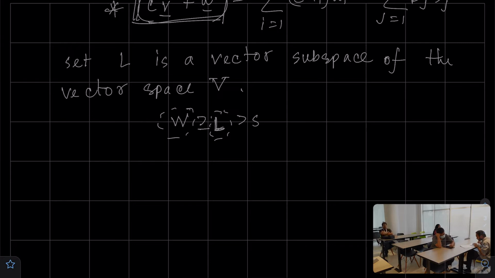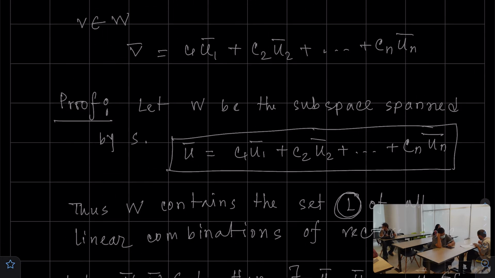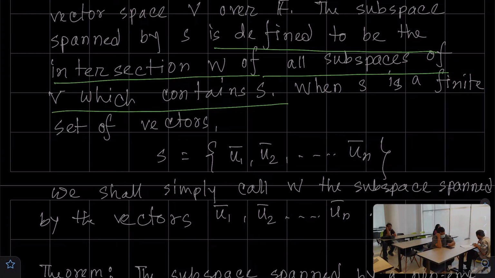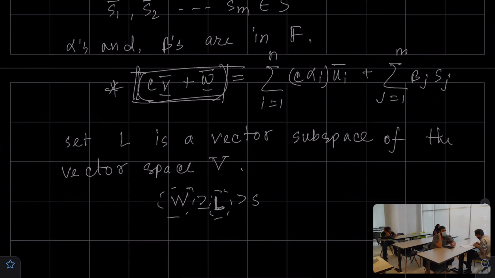Now, if we recall the definition of the span, it says that the span of S is defined to be the intersection W of all subspaces of V which contain S, right? So if you take Wi, then W is simply the intersection over i of Wi, right?